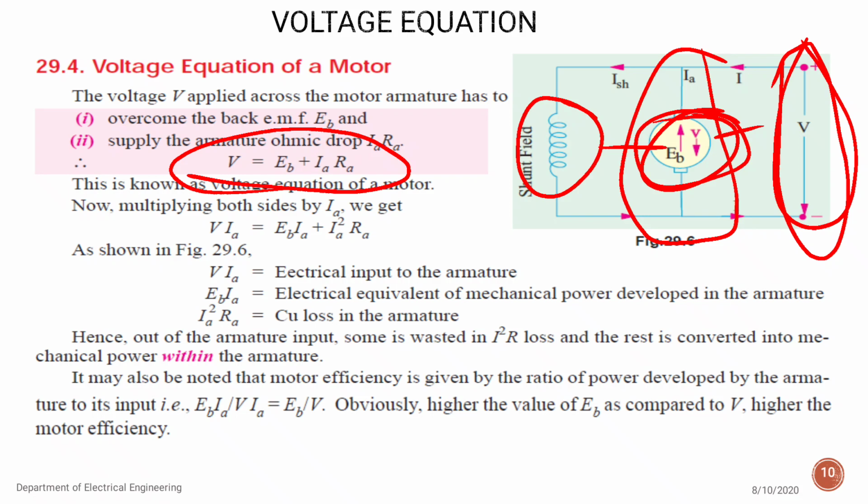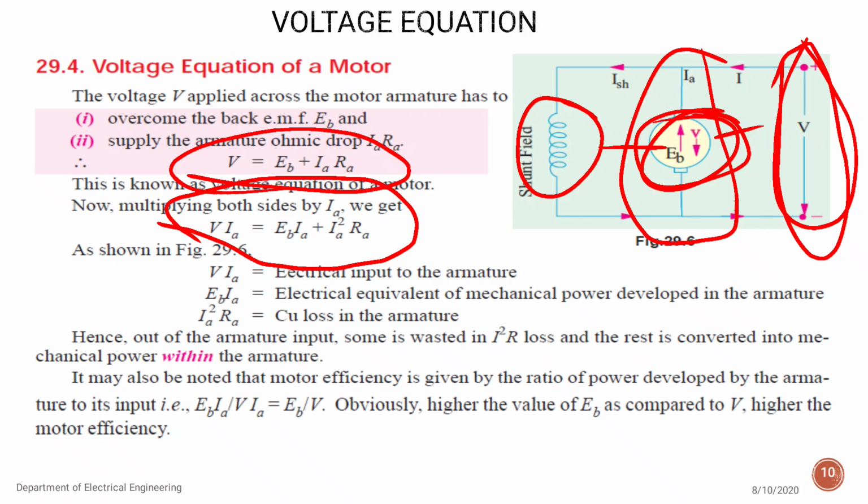Now if we multiply both sides by the armature current, it becomes VIa is equal to EBIa plus Ia square Ra. So what did we do? We multiplied both sides by the armature current. VIa is the electrical input to the armature.